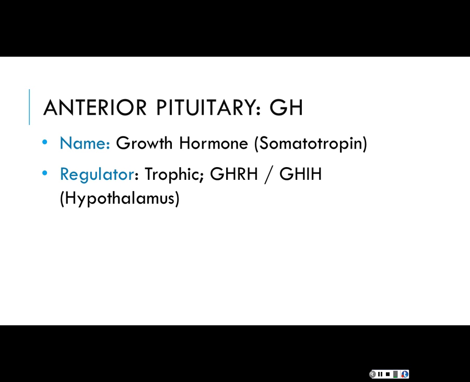My bone cells might be increasing in size. So our major targets for growth hormone include our bones, skeletal muscle, some cartilage, and fat tissue. Those are the major targets, not the only targets, as identified a moment ago.